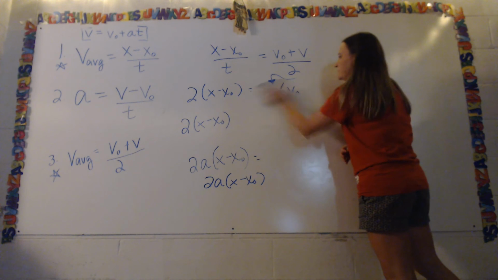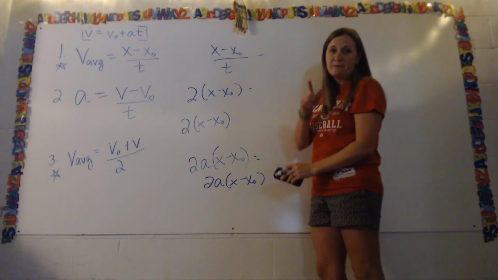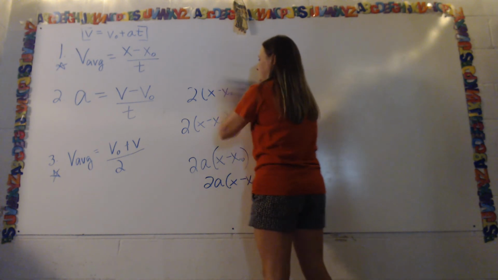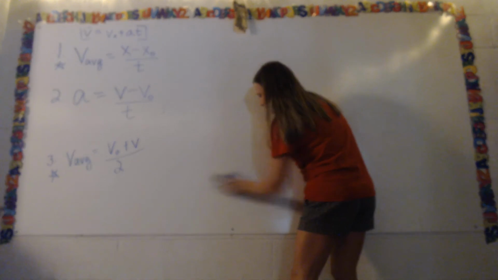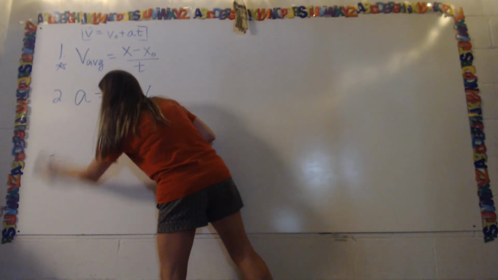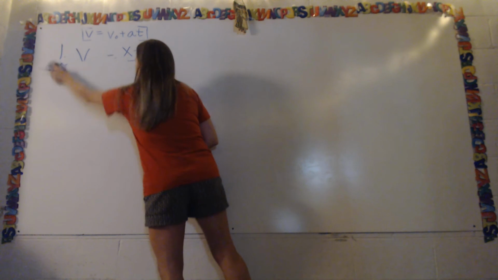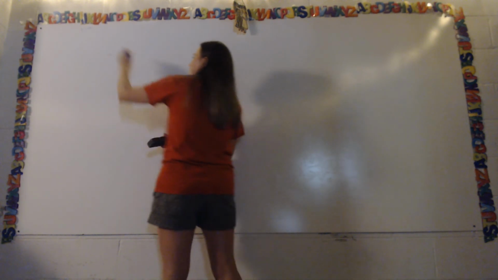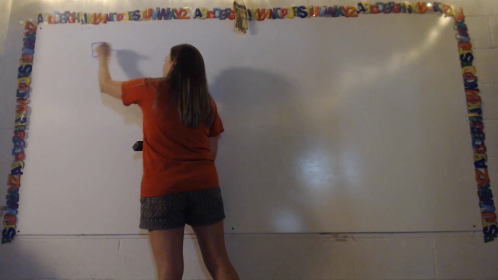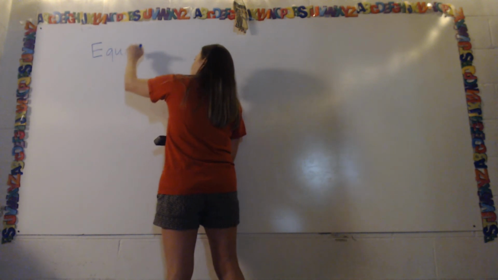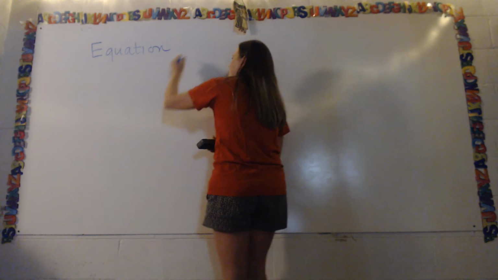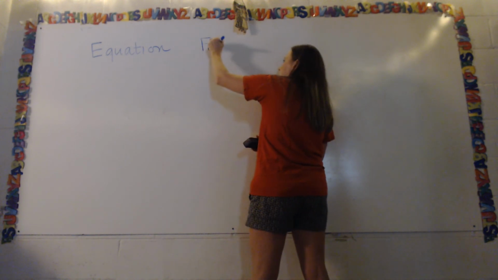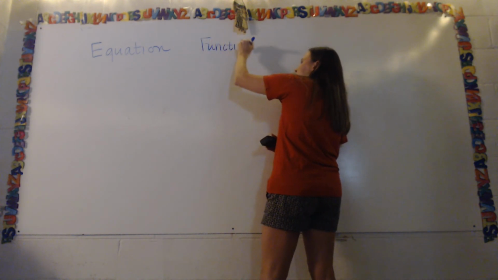So in the guided notes, there's a table. I'm doing this all off of memory, so I hope I'm getting these columns correct. There's a table, and bear with me if I'm not. I think I put them in this order. I think I said equation. And then the second column would have said something like, I forget the wording I used, I want you to talk about what this is as a function.